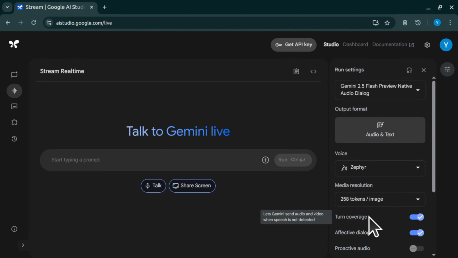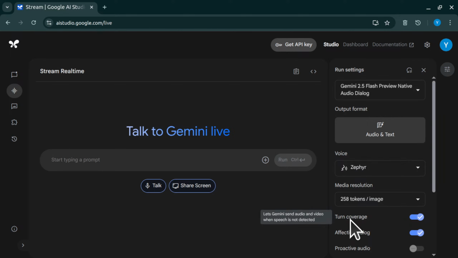Now I'm noticing that turning coverage and effective dialogue actually reduces the chance of the call dropping. So turning coverage lets Gemini send audio and video when speech is not detected. Okay, fine.